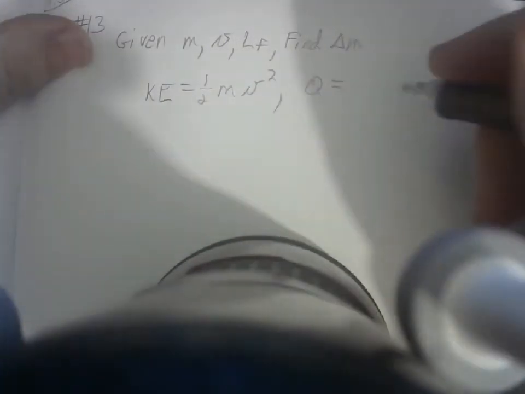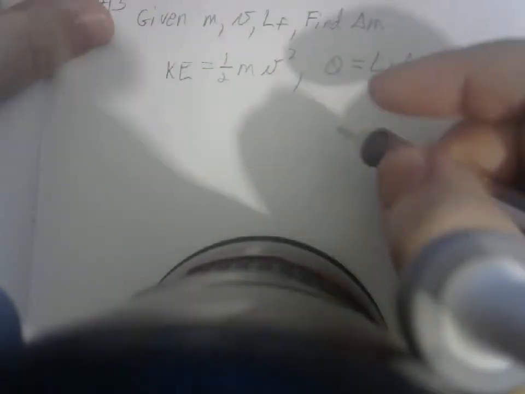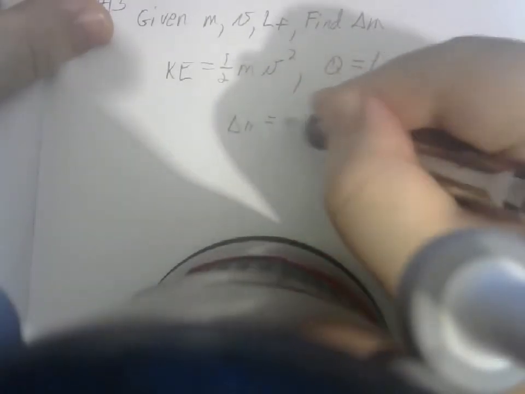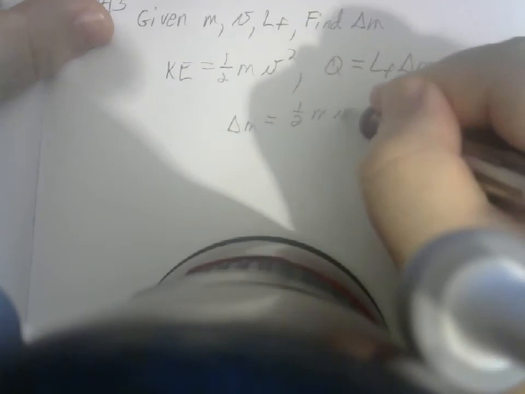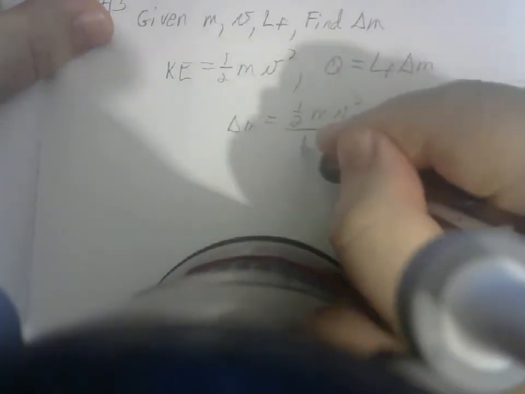Specifically, the heat of melting ice is Q equals latent heat of fusion times the amount of mass that is melted. So we're just going to set those two things equal and solve for delta M, which is delta M equals 1/2 mv squared over the latent heat of fusion of the ice.